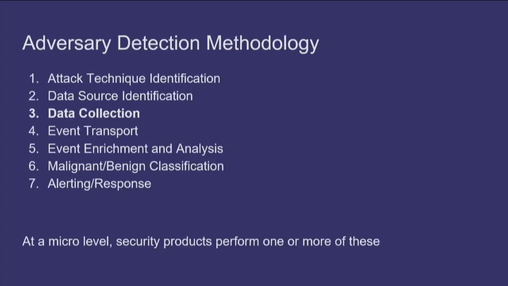So as a converse to the first step, an attacker can select specific techniques that the target organization may not be aware of. They may subvert data sources, so they could disable a specific ETW provider if that's being used to generate the data. They could subvert the data collection tool, suspending the tool or killing off the process.